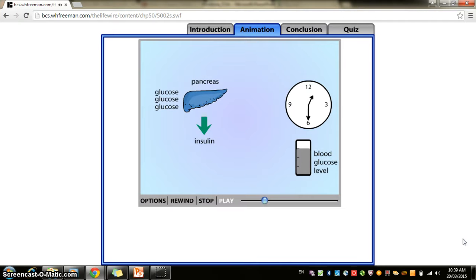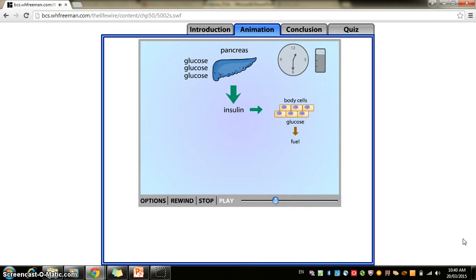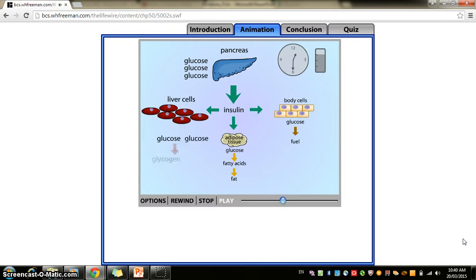Insulin promotes the uptake of glucose by most cells of the body. Many cells, like muscle, burn glucose for their metabolic fuel. Fat cells in adipose tissue use glucose to make fat. Liver cells convert glucose to glycogen and fat.